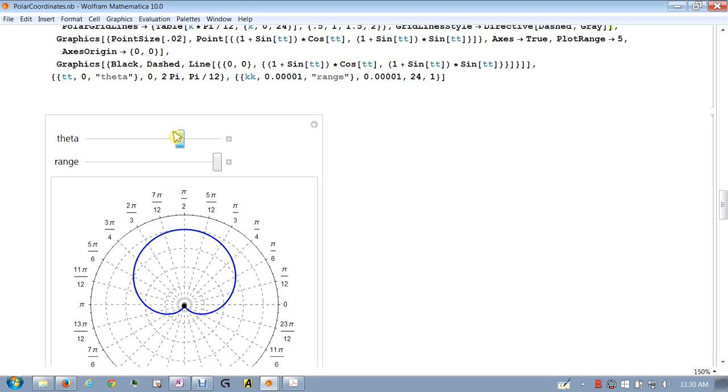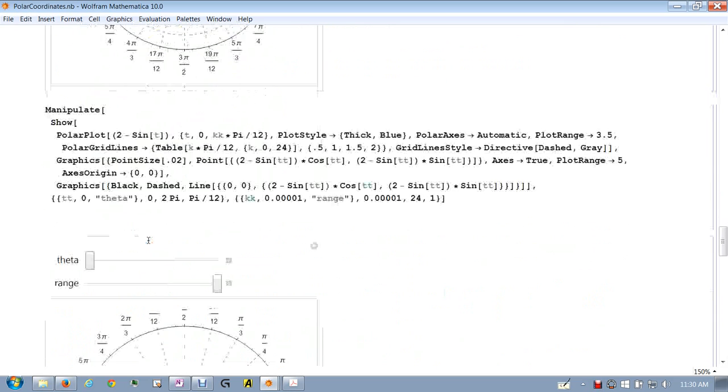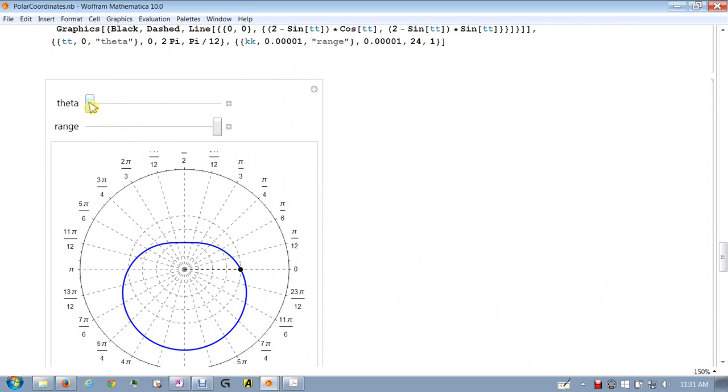It just repeats itself though, can you see? It just keeps drawing itself on top. How about this one? 2 minus sine t, that's what 2 minus sine t looks like.